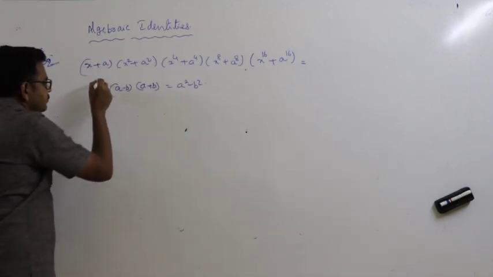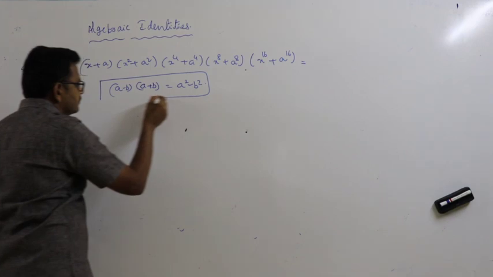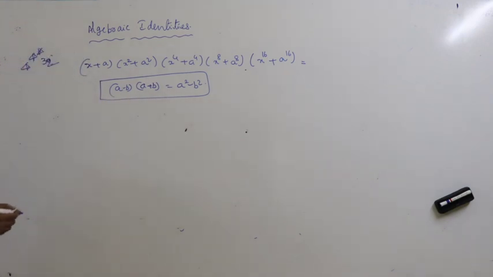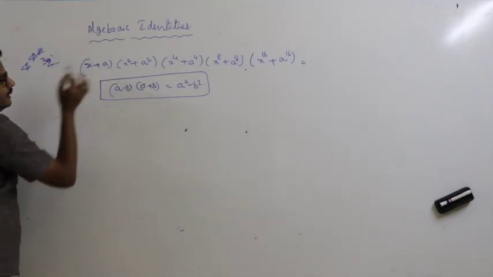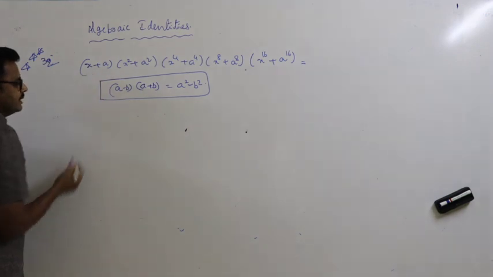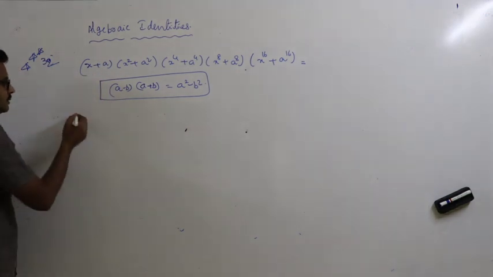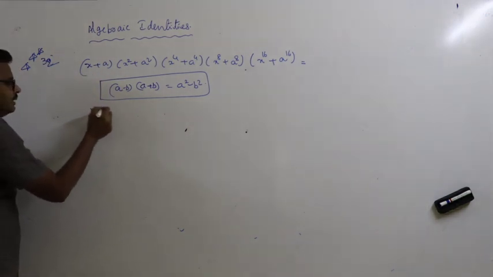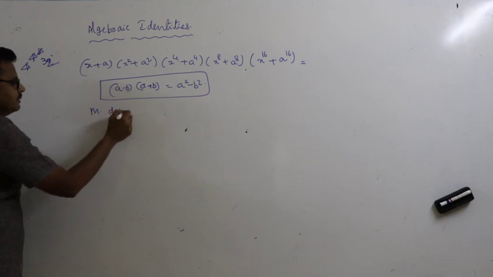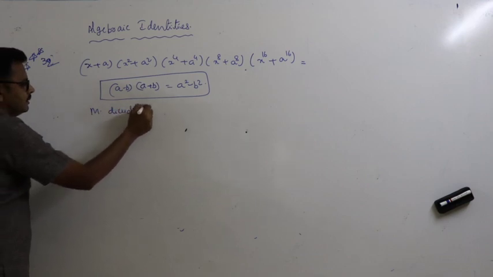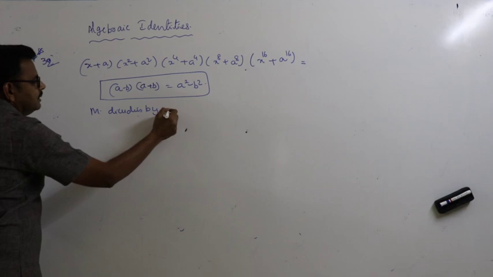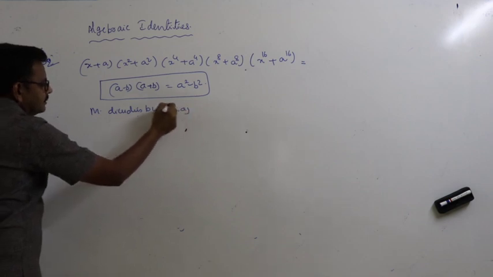So using this formula, x plus a is there. If you have x minus a, so that's why multiplying and dividing by x minus a.